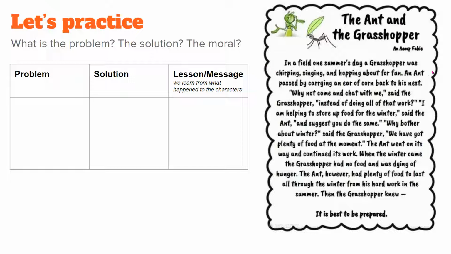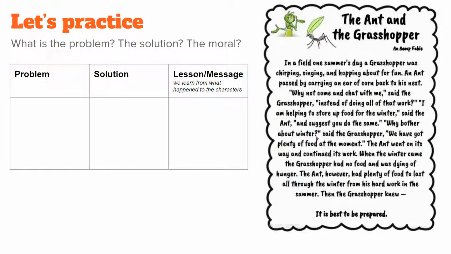The Ant and the Grasshopper. In a field, one summer's day, a grasshopper was chirping, singing, and hopping about for fun. An ant passed by carrying an ear of corn back to his nest. "Why not come and chat with me?" said the grasshopper, "instead of doing all that work?" "I am helping to store up food for the winter," said the ant, "and suggest you do the same."